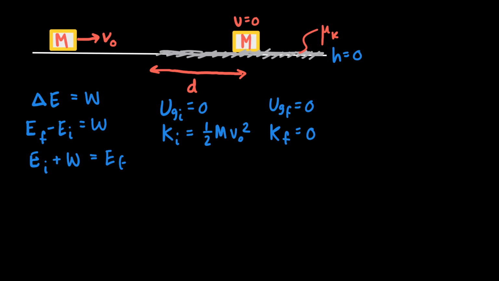Next, I need to figure out what would be the expression for the work that's done on the object. Work is equal to the force parallel to the displacement times d, or Fd cosine theta. And I know that the force that is taking energy away from the box, the force that is doing work on the box, is friction.